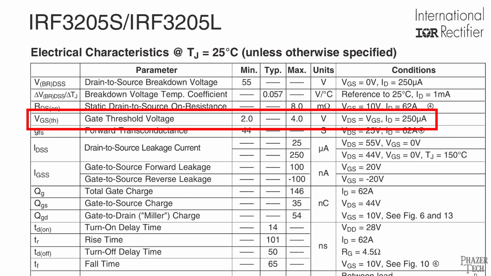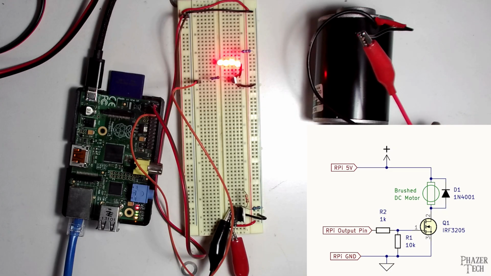All that it cares about is seeing a certain threshold voltage, which in this case, I believe this MOSFET has an activation gate threshold voltage of 2 volts and max 4 volts. So any voltage between 2 and 4 volts will activate this MOSFET and it will deliver whatever power the load requires. All it cares about is seeing a certain voltage from the control pin.